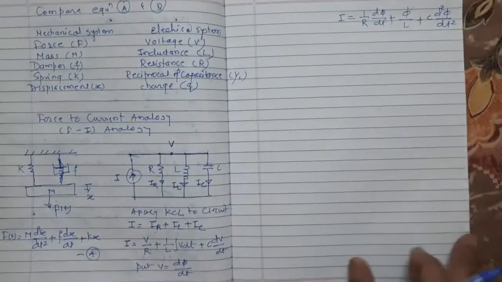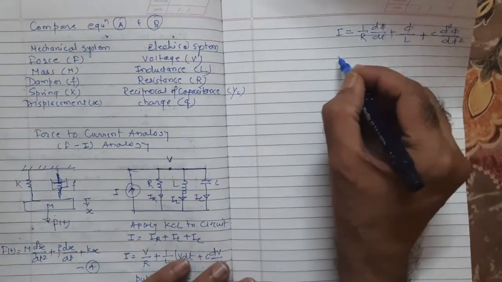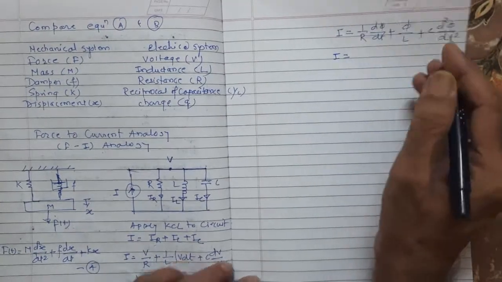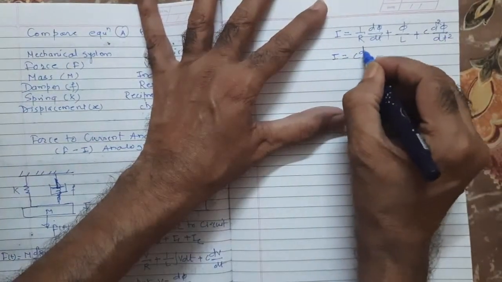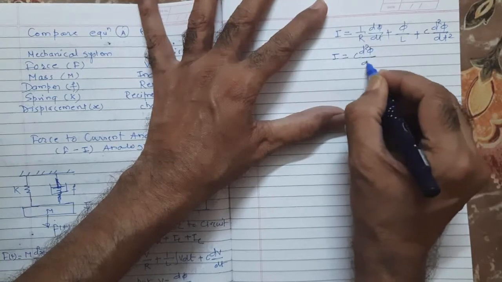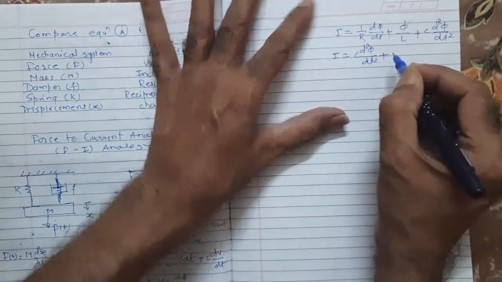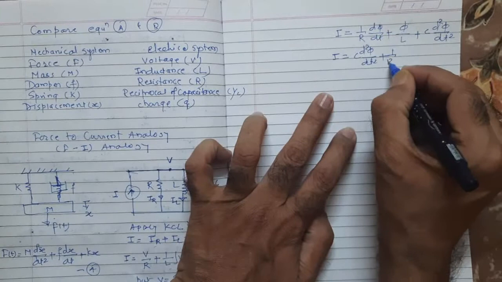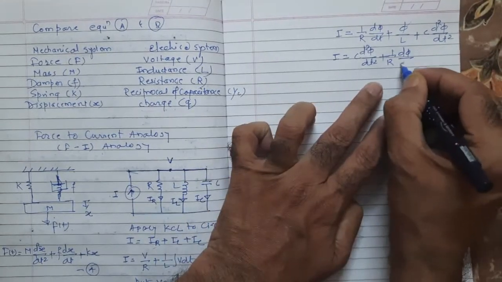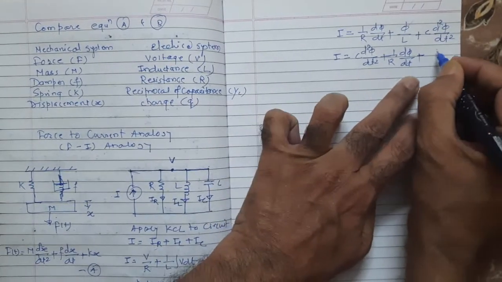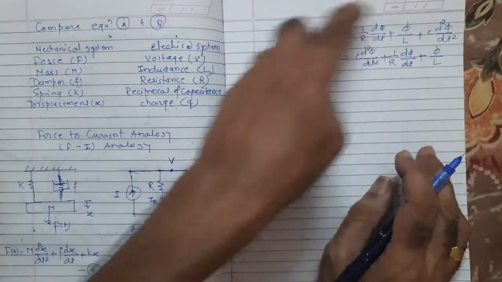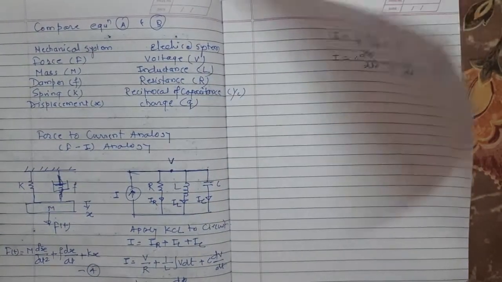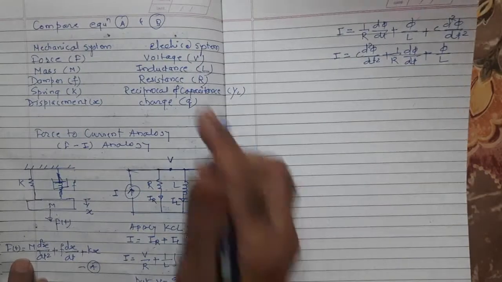And here we can have the equation I. We will write down here C d square phi by dt square plus 1 by R d phi by dt plus phi by L. This is just rearranged. And what is our f of t?